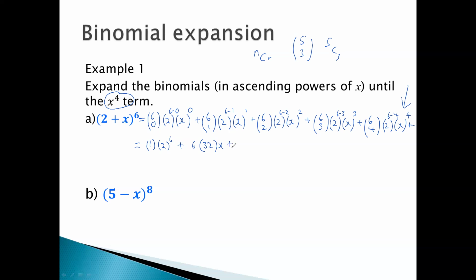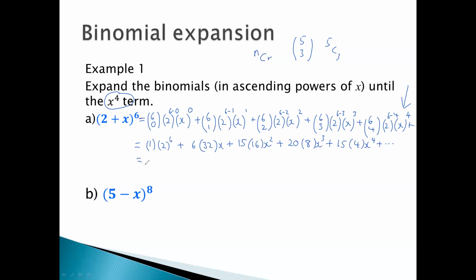Third term, 6 choose 2 is 15. 2 to the power 4 is 16. x squared. Next term, 6 choose 3, 20. 2 to the power 3, 8. x cubed. And last one, 6 choose 4, 15. 2 to the power 2 is 4. And x to the power 4 and plus dot dot dot.